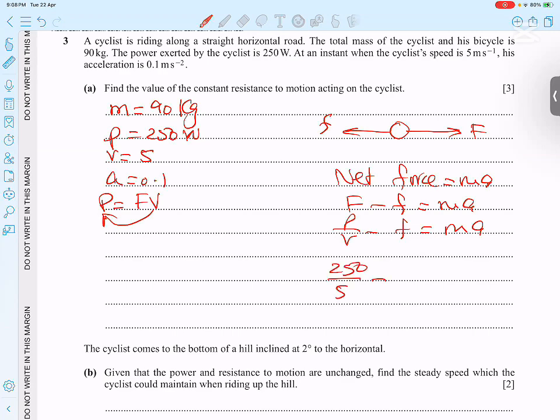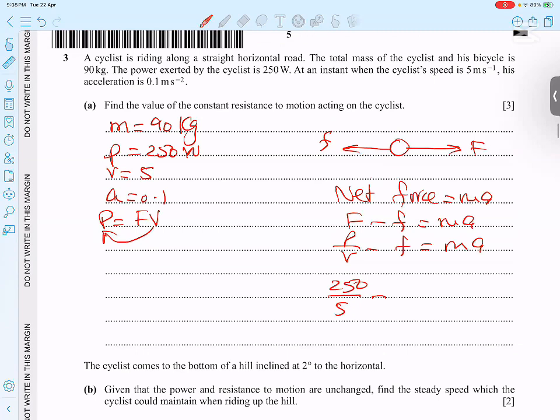Friction is given or not? Wait a minute. The power, the value of the constant friction of motion. Okay, we have to find friction. Mass is given as 90 and acceleration is 0.1. So friction will go on the other end. This comes this way.